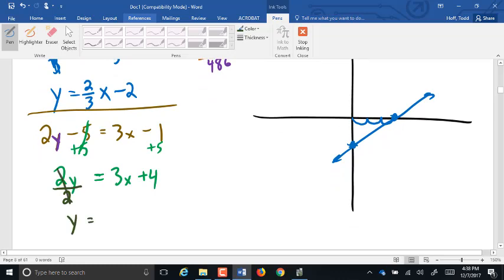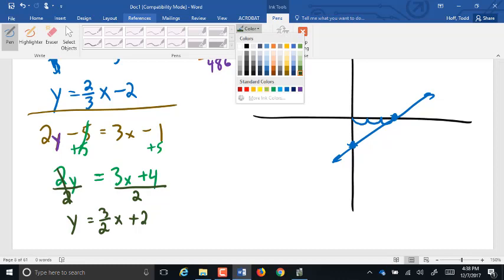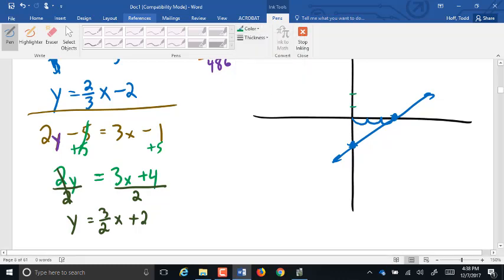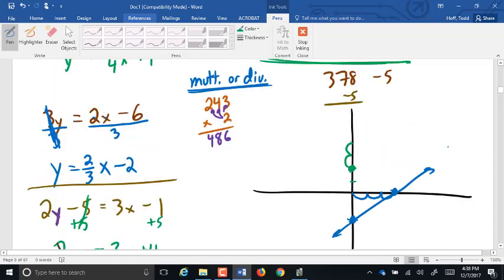But remember, when we divide or multiply, we have to do it to every digit on each side. So the 3x divided by 2 is 3 over 2x. We also have to do 4 divided by 2, which is positive 2. So to graph it, we would start out at positive 2, and from there we would go up 3 over 2.